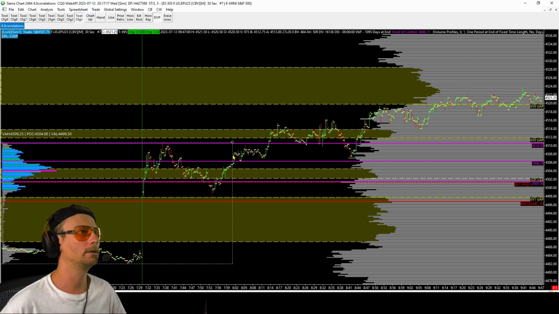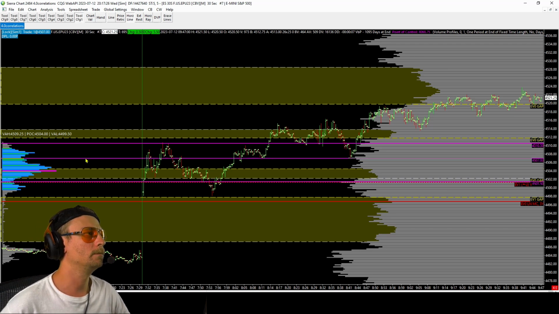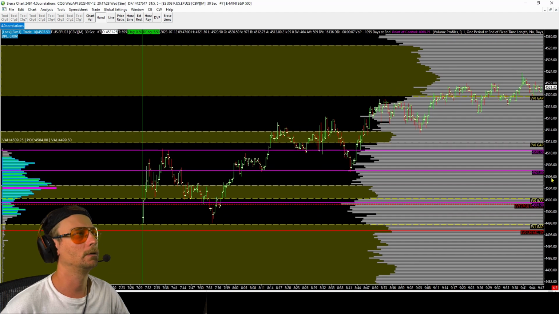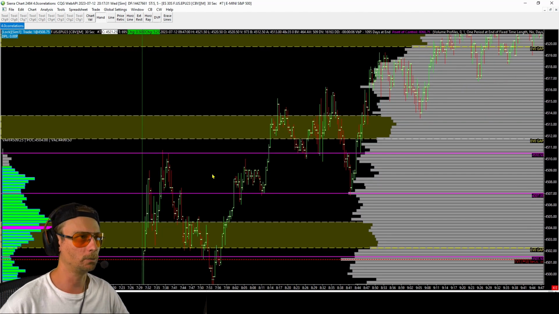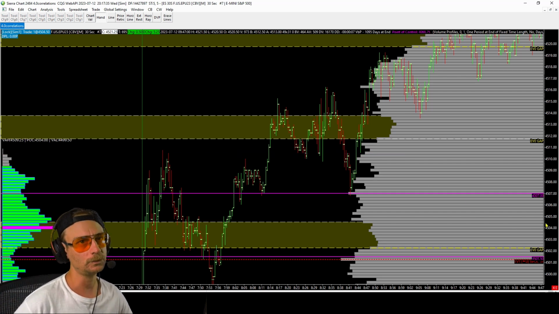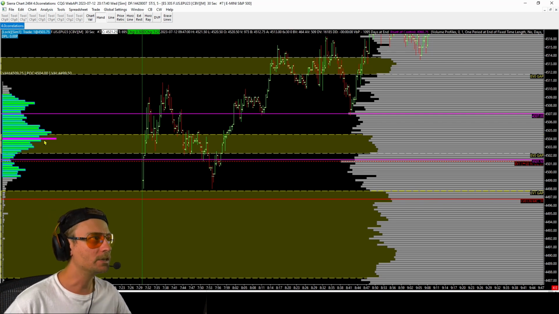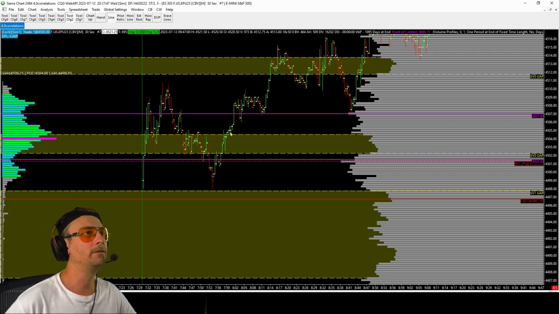Let's pull it back to right there. Okay, so at the time, this pink node is here, and this one up here shouldn't exist because we're not there yet. At the time of this pullback, it looked like this, right? So I want to know, hey, it did pivot here, and it pivoted here.